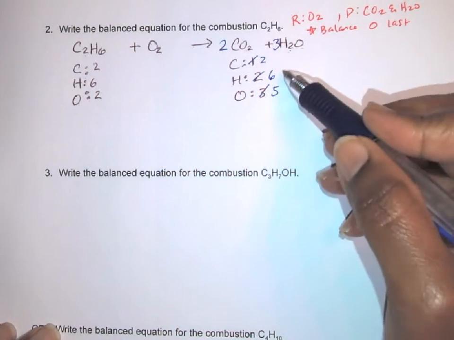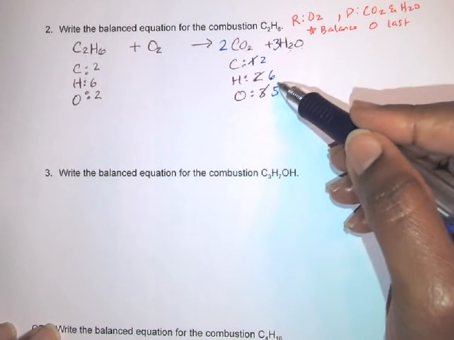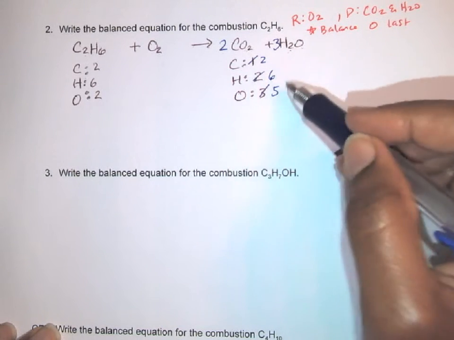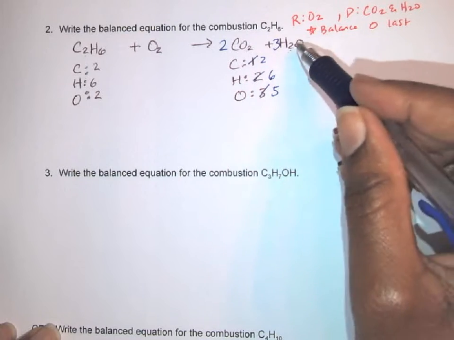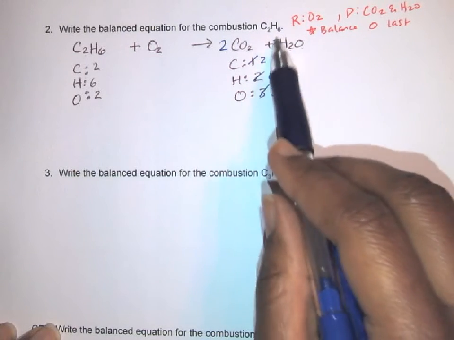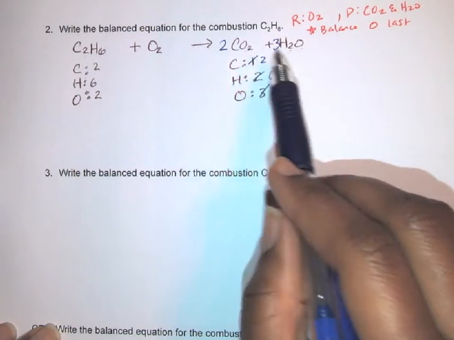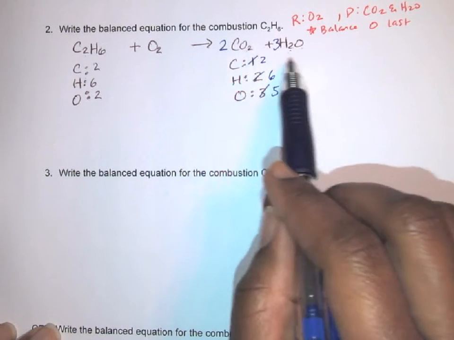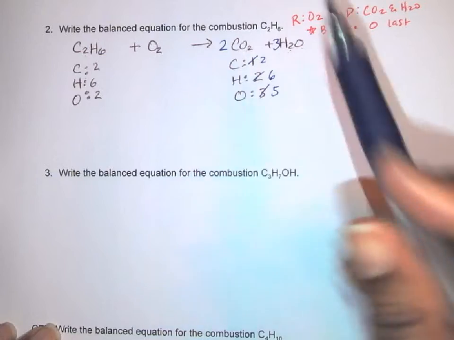Now that I have the same number of hydrogens on both sides, don't forget this molecule, water, also has oxygens in it, so I need to check how many oxygens I have now. I have 3 from the water plus the 4 from the CO2, so 3 plus 4 gives me 7.